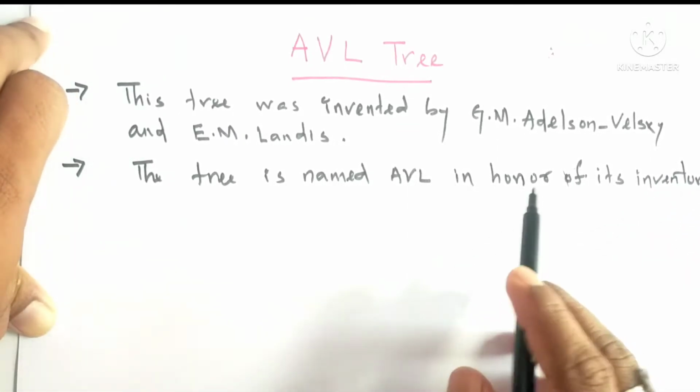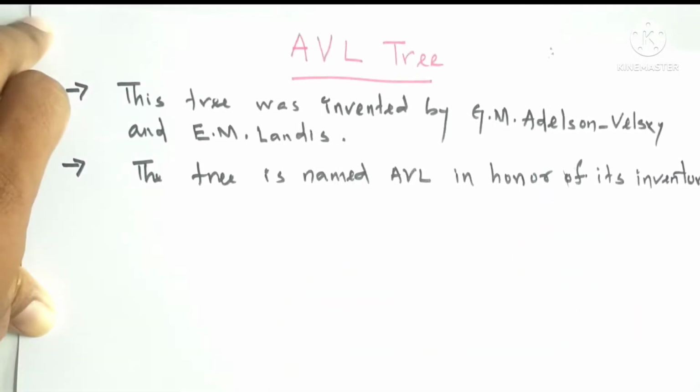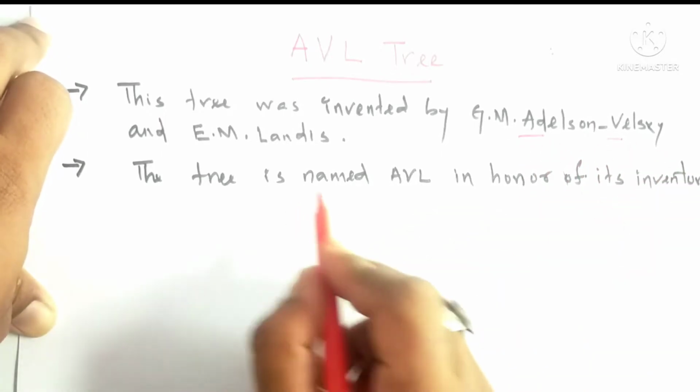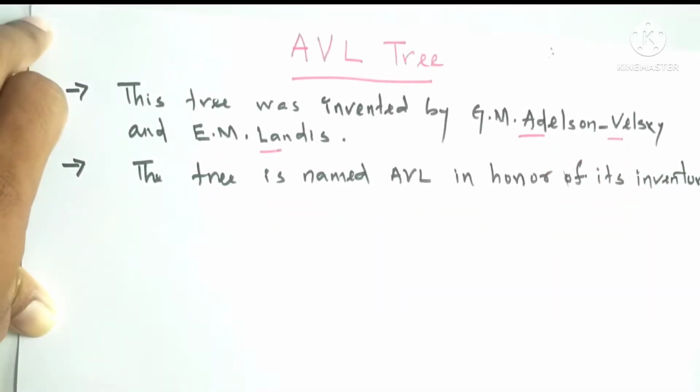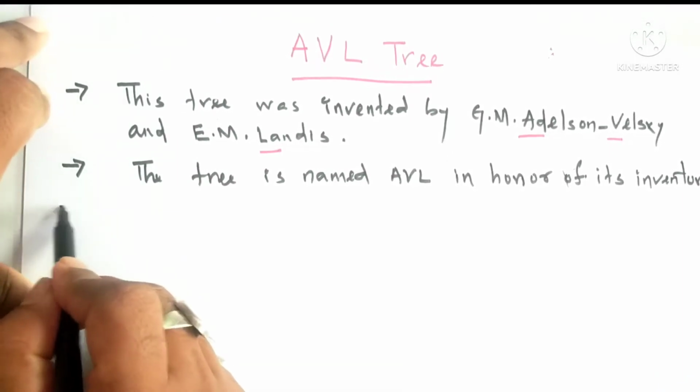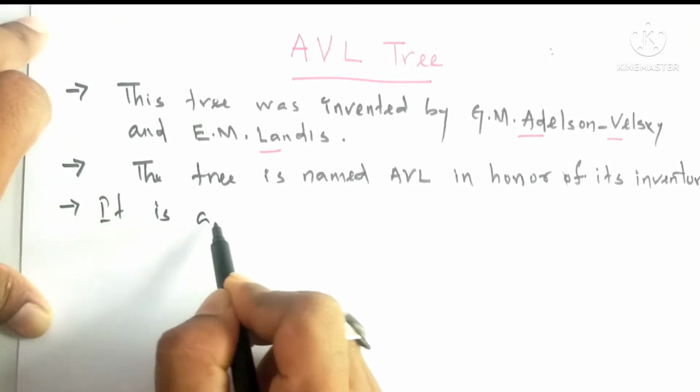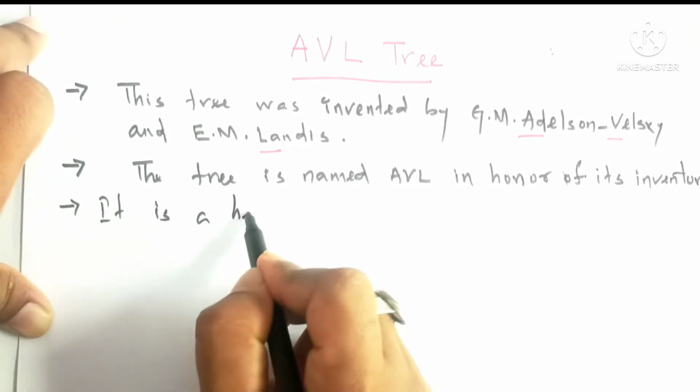So here, Adelson-Velsky, you can say AV, and here is Landis, L. That's why the name is called AVL tree. So it is a height balanced tree. I can say that it is a height balanced tree.